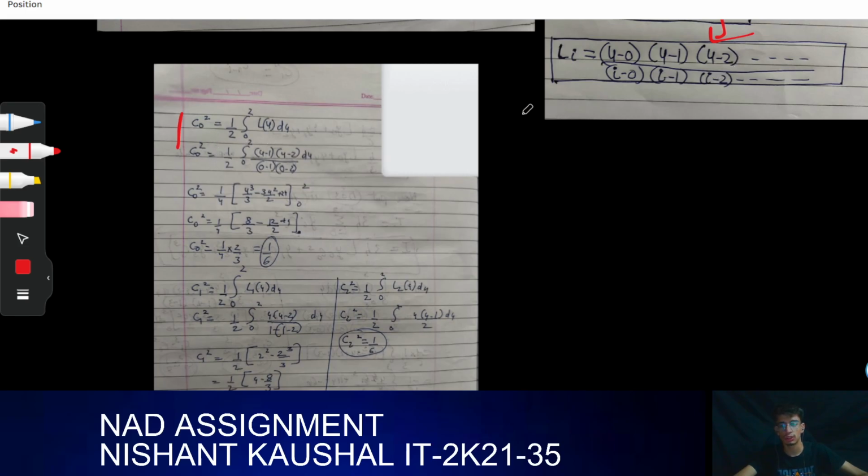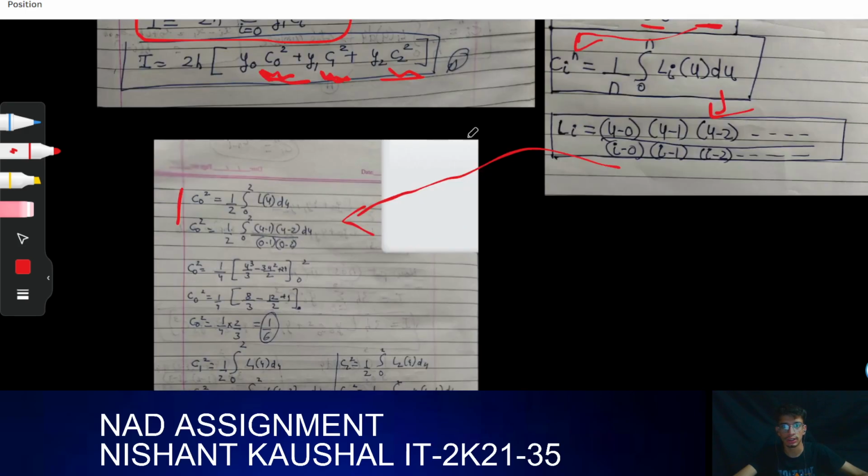So in this, c0 will be equal to what? 1 by 2 integration from 0 to 2 of L0 of u du, right? So we have just put the value from here to here. So c0 of 2 equals (u minus 1) into (u minus 2) upon (0 minus 1) into (0 minus 2), right? So in this basic case, let me tell you, if i equals 0, we will hide this i equals 0 term and take the rest of the product.